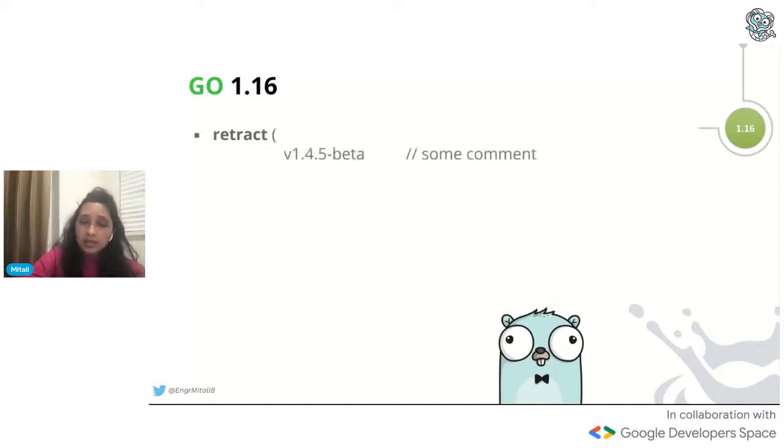Sometimes an author releases a particular version that he or she thinks is not good, or it has a vulnerability issue, or its mod file is not good, and they don't want other people to use that particular version. So they can use the retract directive and put that version with some comment like broken go.mod file. Other people will be able to see that and will not be using it, and the Go tool is also aware of that.